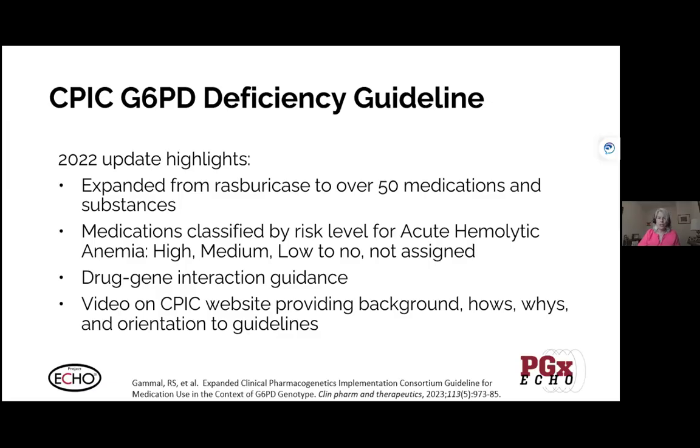They provided drug-gene interaction guidance on what to do if a person needed one of those medications or was on one of those medications.